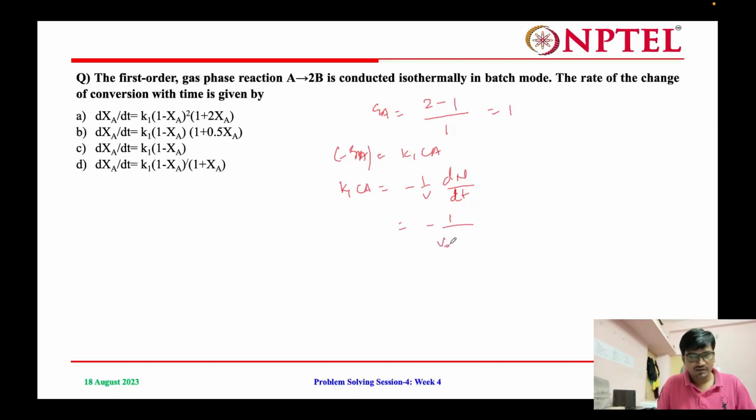So we can write the change in volume as V equal to V naught into 1 plus epsilon A xa, and dNA equal to minus NA naught dxa by dt.